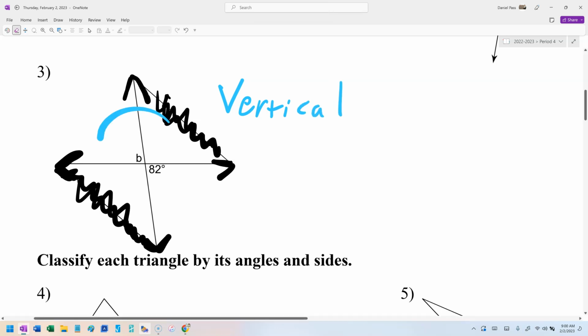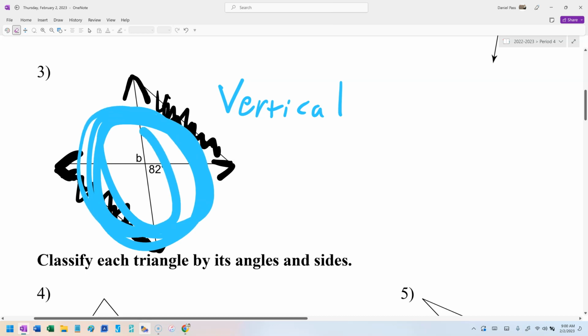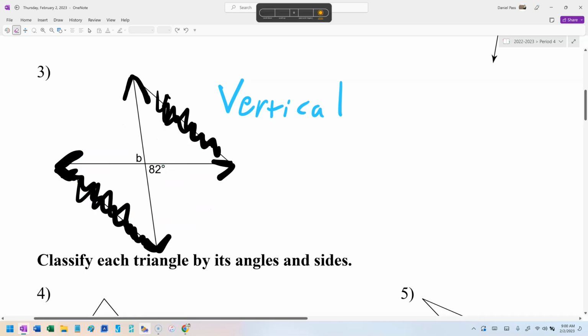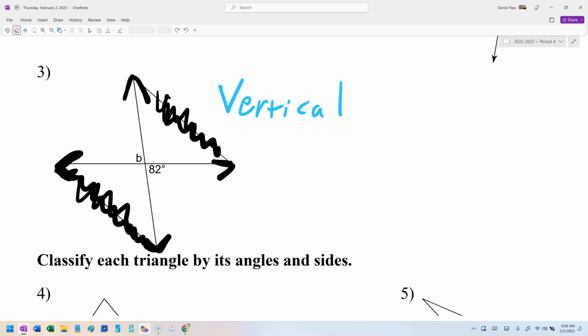So what are you saying about these two angles? They are the same measure, and they are vertical to each other. Very good. What we're saying is that these two angles are across, vertical from each other. So that means that B equals 82, because they're the same. All right. Let's hear it.